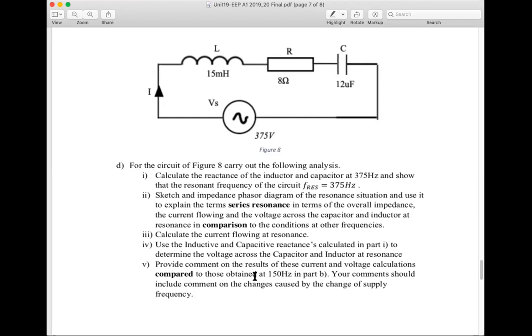But in the last bit, you're asked to compare the results you get there with what you got at the other frequency in part B. Yeah, I haven't done part B first. Yeah, that's quite strange that you've done that part first and left this part till afterwards. It doesn't matter as such, but it's a bit of a strange way to go about it, really. It's strange, Dom. I wonder who thought of that.